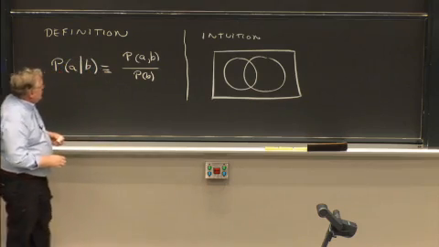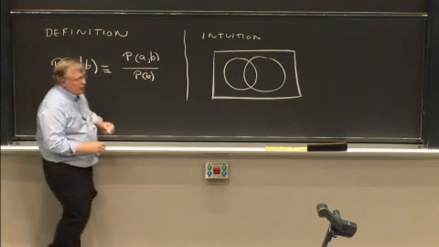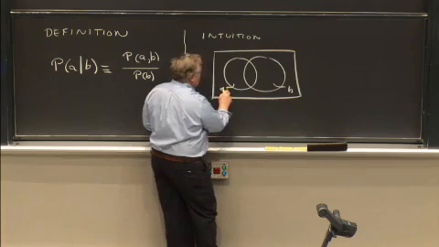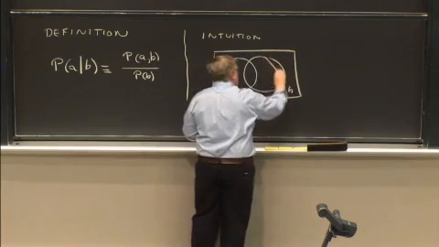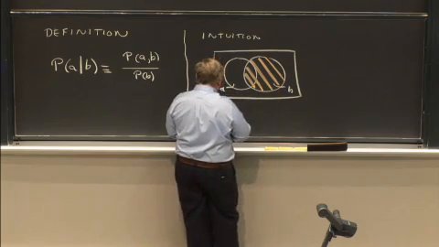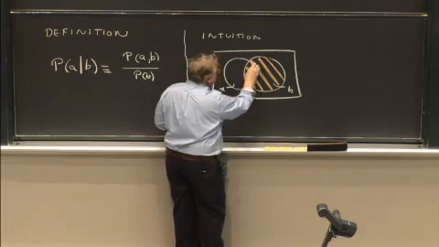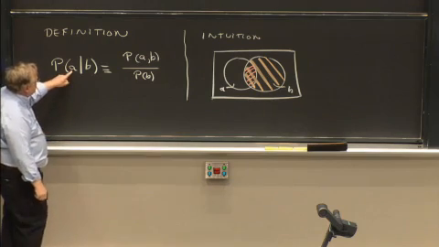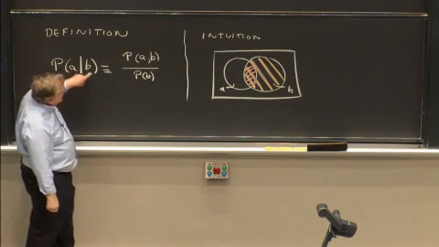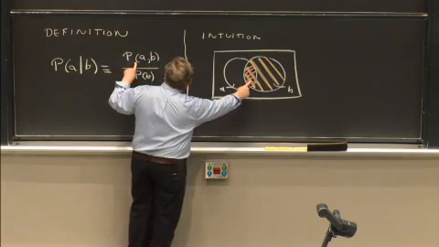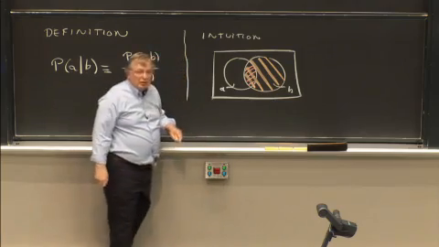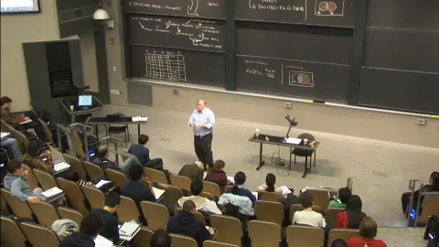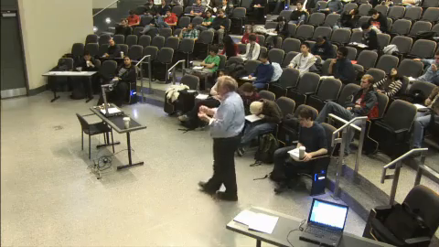And let's see, what does that mean? It means that we're going to restrict the probability of A to those circumstances where B is known to be so. We've got this part here, and then we've got the intersection of A with B. So it does make sense as a definition, because it says that if you've got B, then the probability you're going to get A is the size of that intersection, the pink and orange stuff, divided by the whole of B. So it's as if we restricted the universe of consideration to just that part of the original universe that's covered by B. So that makes sense as a definition.